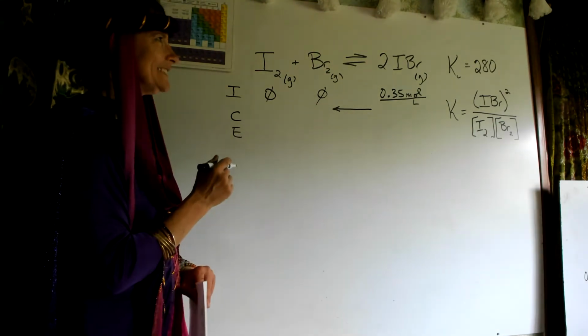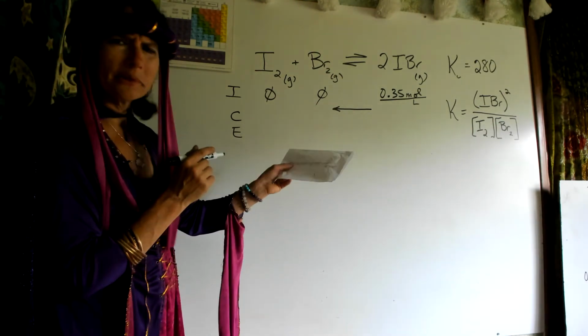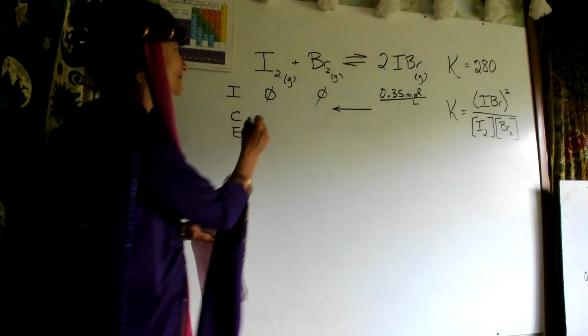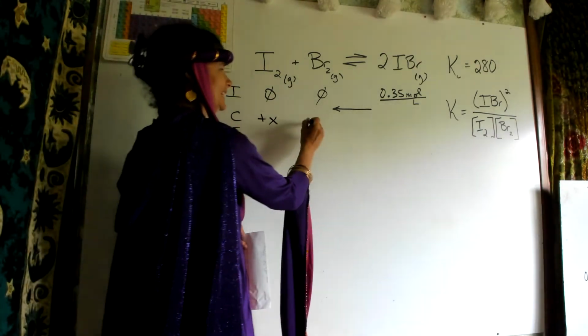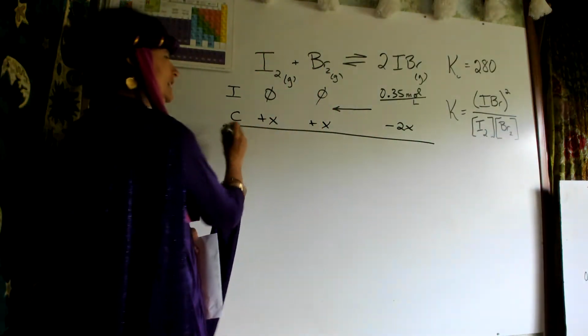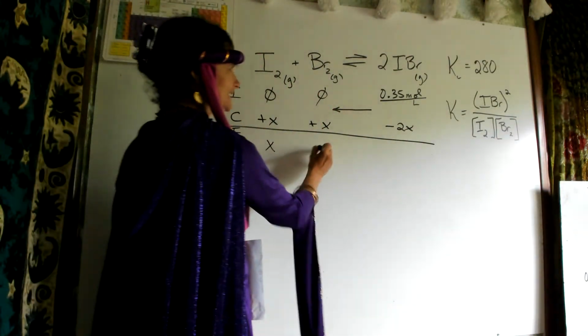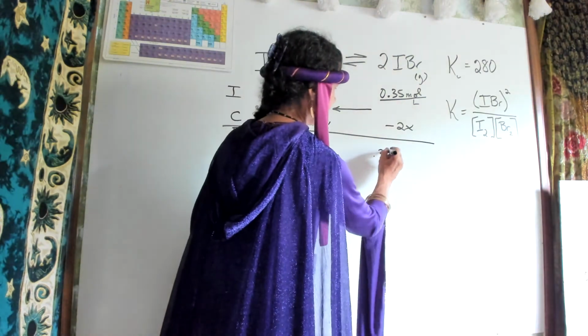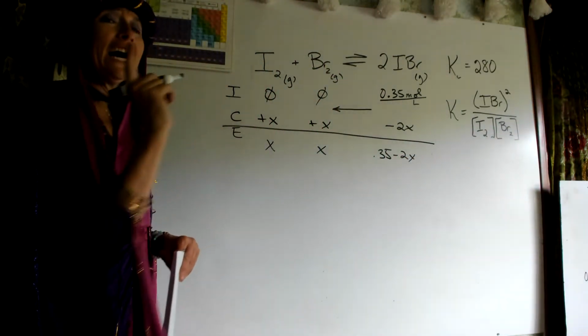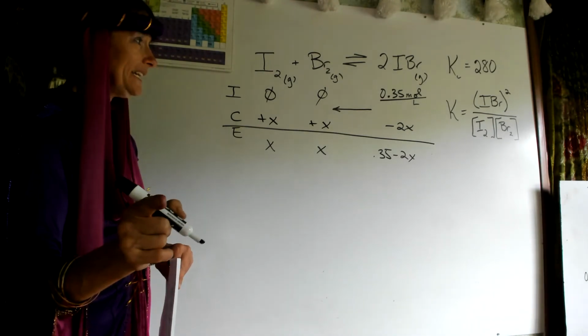Products over reactants. But we started with the products. Doesn't matter what you start with. It's how the equation's written. This side now is my plus x, my minus 2x. So at equilibrium, this is x, and this is 0.35 minus 2x. This is different from the first two on this page.